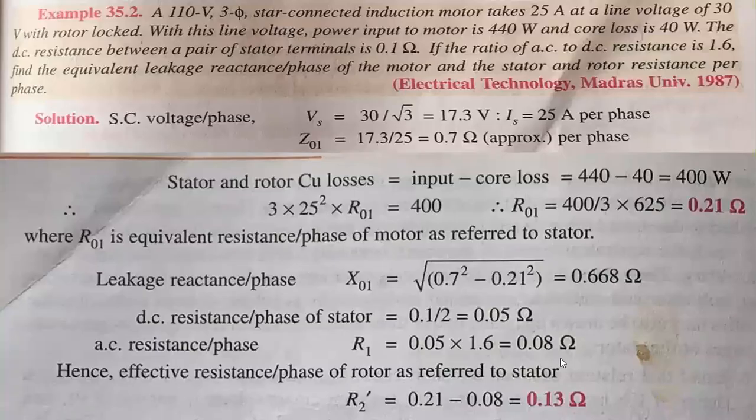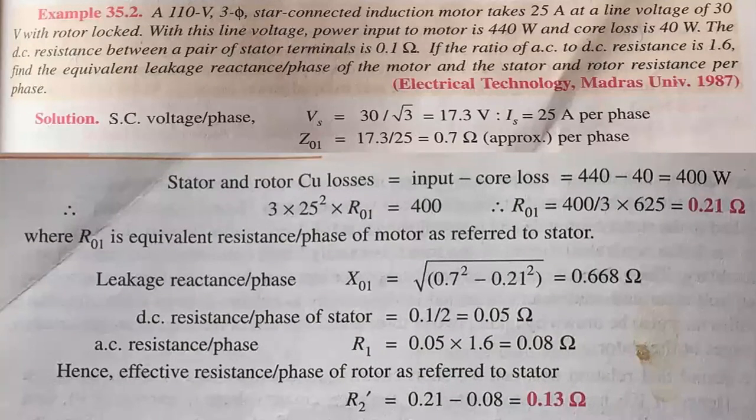Before going to the construction of circle diagram, we have to know the no load test parameters and blocked rotor test parameters. So far you have discussed the no load test and blocked rotor test. In the blocked rotor test you find 4 parameters, and regarding those, you have to see one problem.